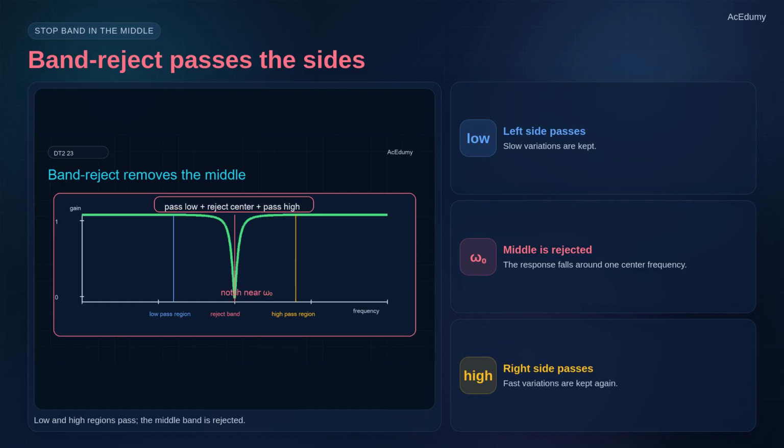The gain is high on the left, drops around the center, and comes back on the right. The deepest point is the notch. The two -3 decibel points mark the reject band edges. So the same landmarks return: center frequency, lower edge, upper edge, and bandwidth.